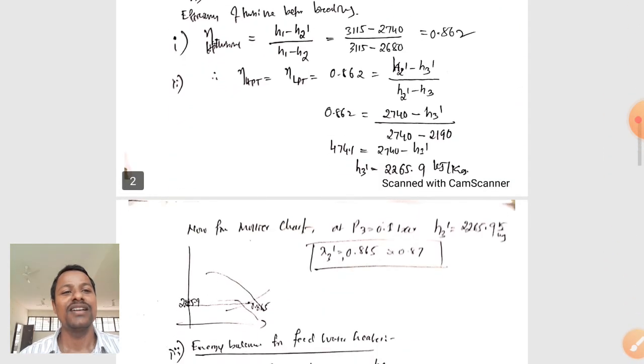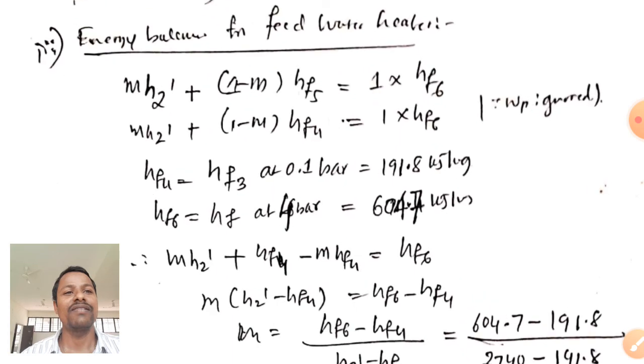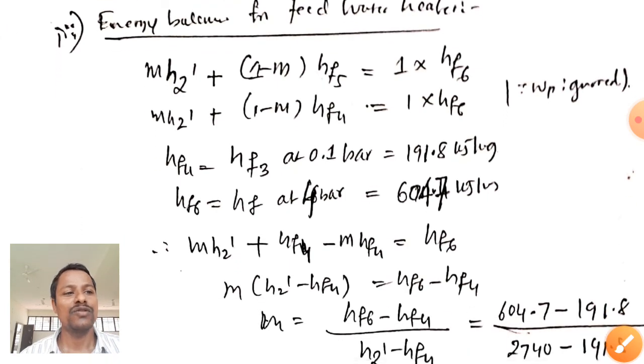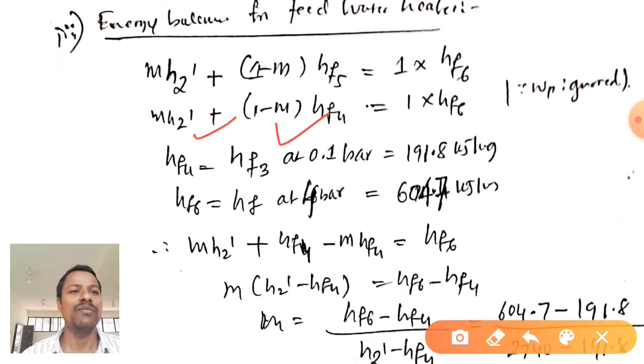Now coming to the energy balance equation, m into H2 dash plus 1 minus m into HF5, which is equal to 1 into HF6, and we know from the theory discussion how to write this equation. Then m into H2 dash I am keeping as it is, and in 1 minus m into HF5, I am replacing HF5 by HF4, since the HF value at the condenser pressure, that is 0.1 bar, at state 5 and state 4 are both the same from the steam table, and for HF6 the mass is 1 kg, and I have retained HF6 as it is.